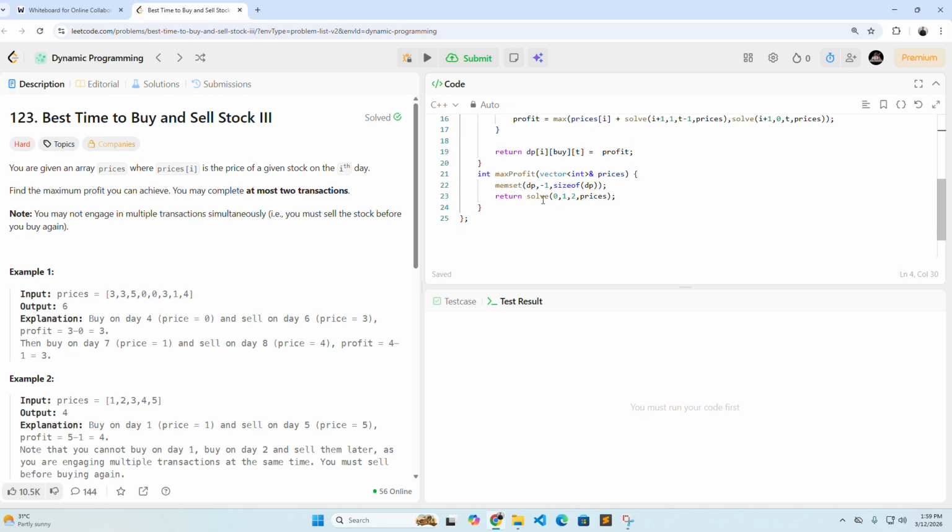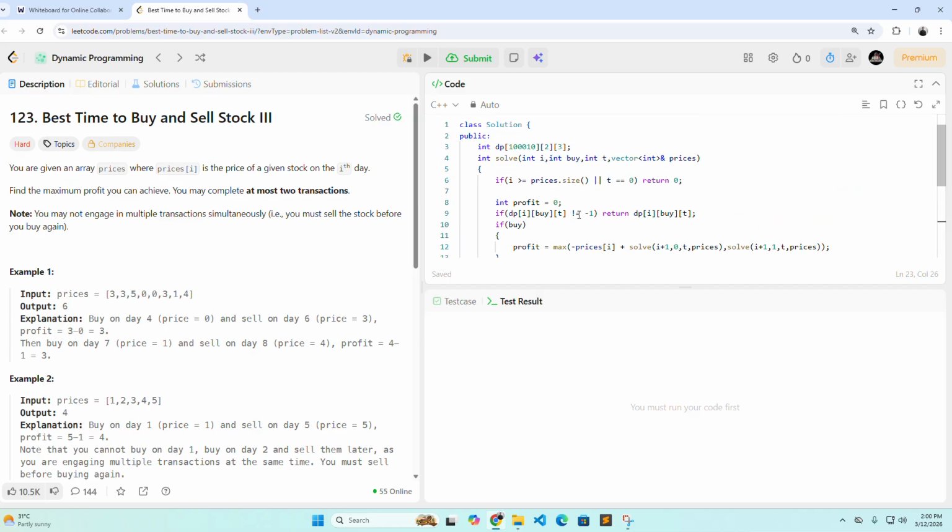So I call the function with 0th index, and buy is 1, which indicates that I can buy a stock. I did not buy anything before, so it's 1, and 2 means I have 2 transactions left, and the prices.